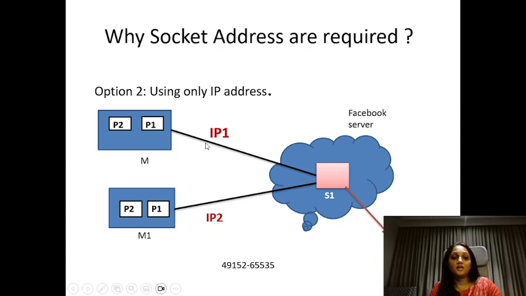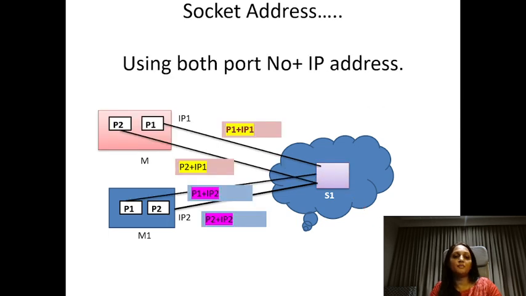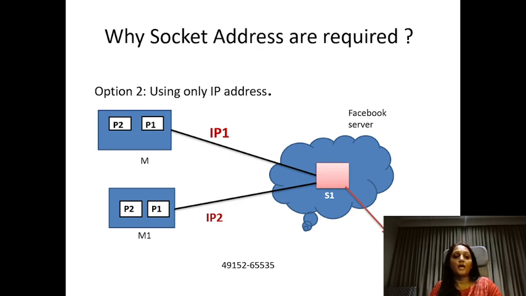For your understanding, I am representing the IP address by a name like IP1. Actually, IP addresses are represented in decimal dotted format, but here IP1 is the IP address of M and IP2 is the IP address of M1.